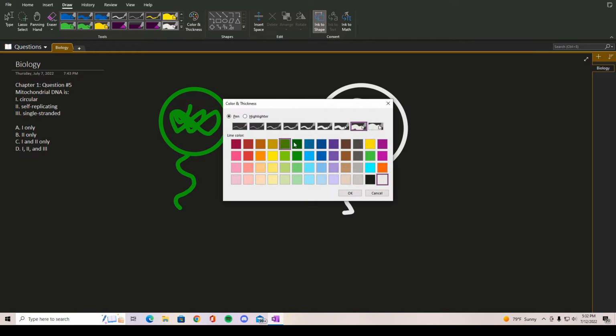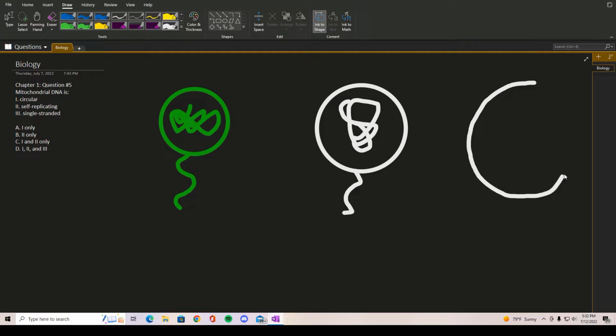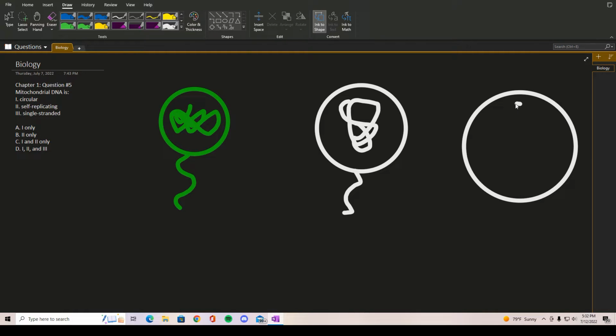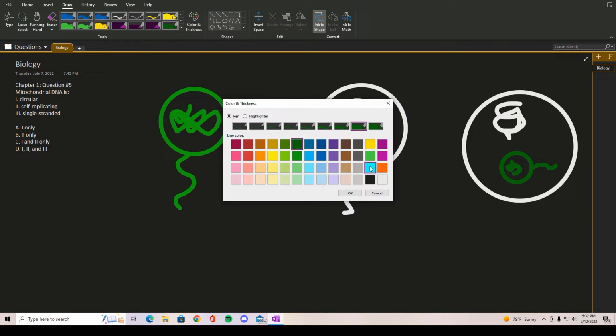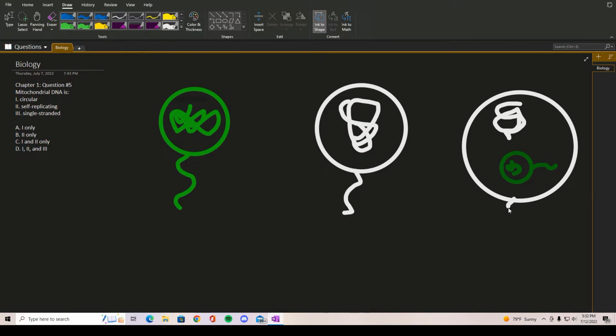And what ended up happening was this anaerobic prokaryote engulfed the aerobic prokaryote. So I'm just going to draw this here real quick. And so now we have this aerobic prokaryote inside of an anaerobic prokaryote.